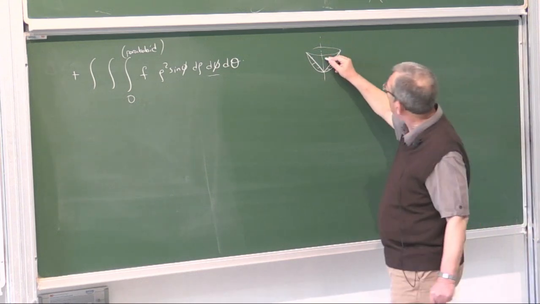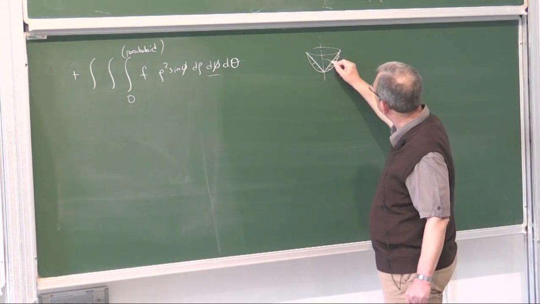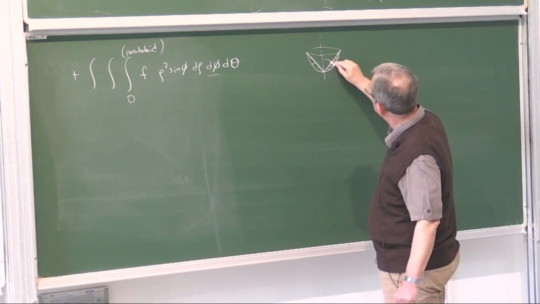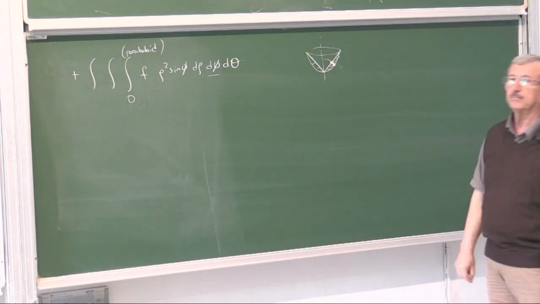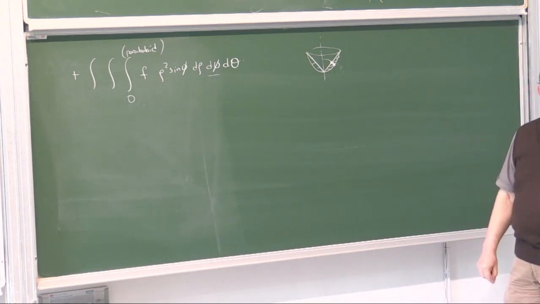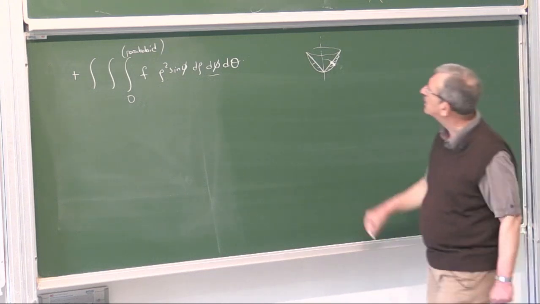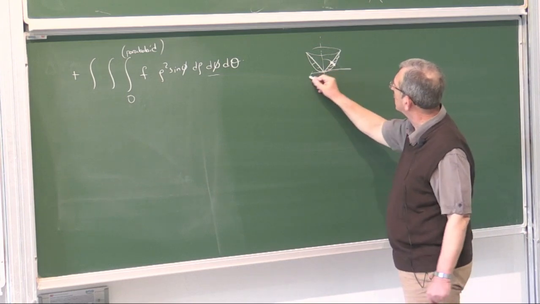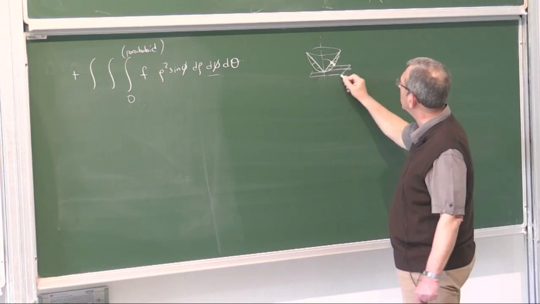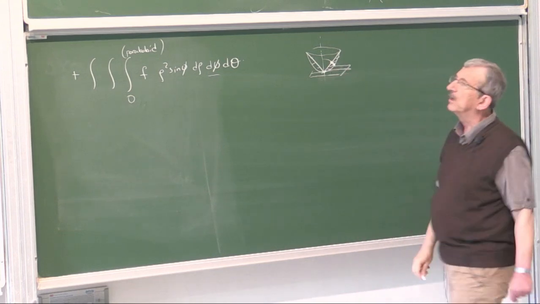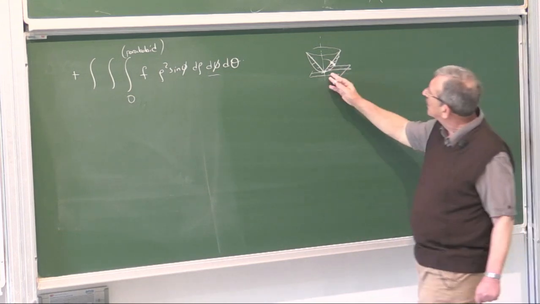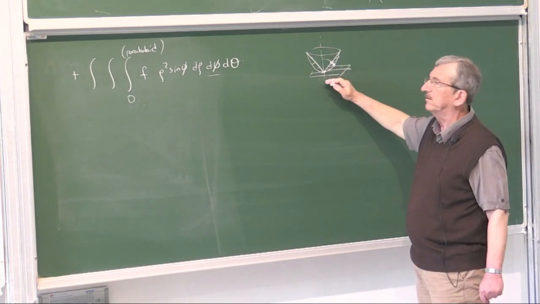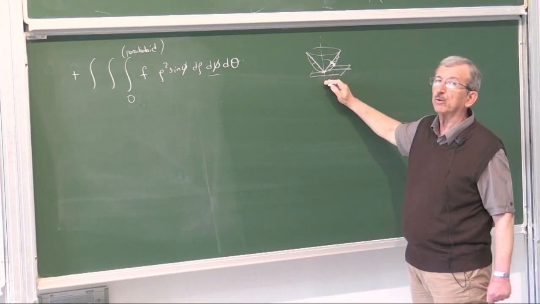So it starts from here, goes up to the paraboloid. But the paraboloid, because it's tangential here, its tangent plane is horizontal at this point, it means that the tangent plane makes, at the end, an angle of 0 with the paraboloid.